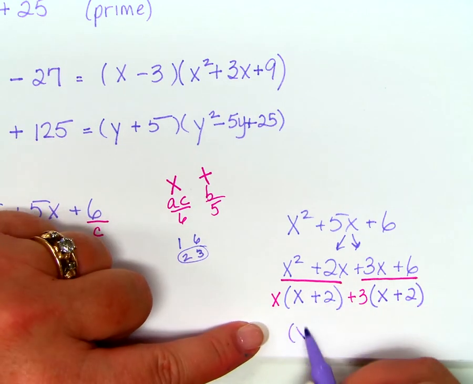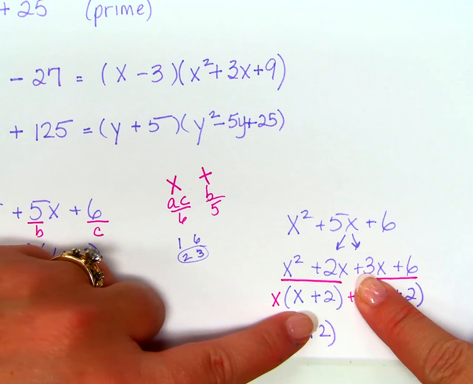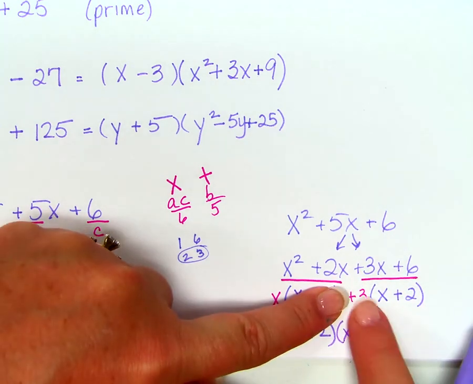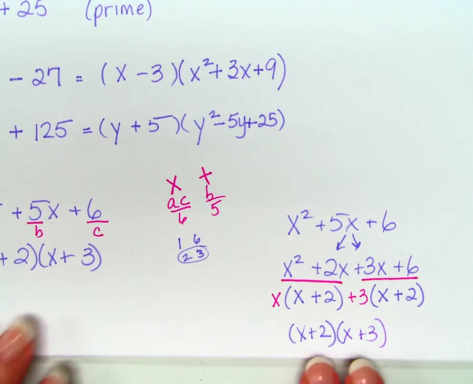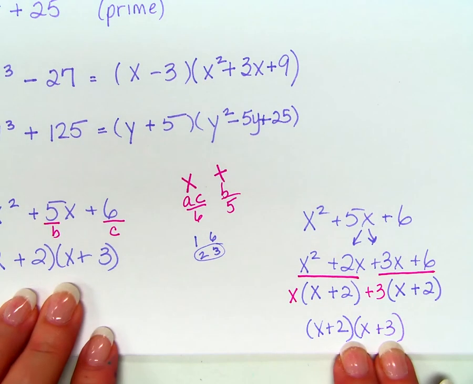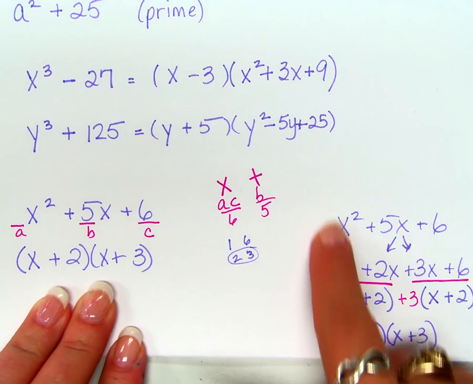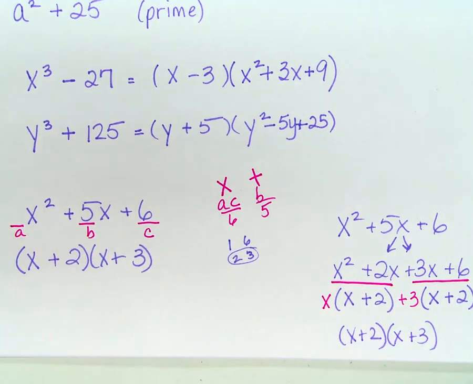Factor it out. X plus 2. What's left when I divide this first term by x plus 2? X. What's left when I factor an x plus 2 out of this term? 3. See how I ended up with the same answers? This way is the way we have to do it when a is not 1. This is the way we can do it the little shortcut way if a is 1. Do you remember that?